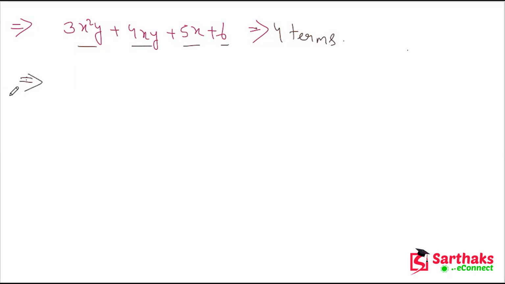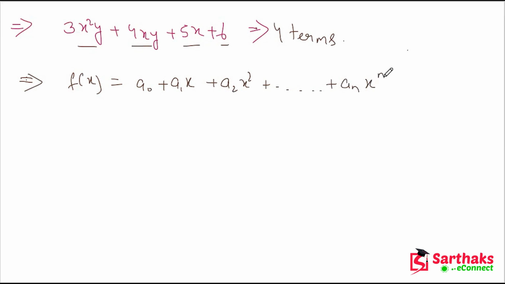So the basic standard form of the polynomial is that we have a function f of x, and the terms are a naught plus a1x plus a2x square plus dot dot plus an x raised to power n.